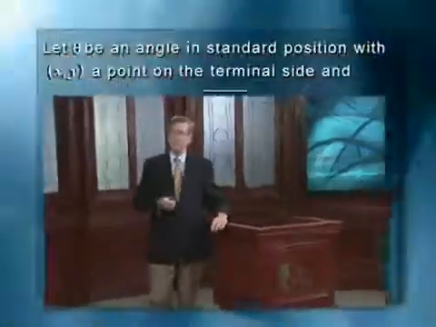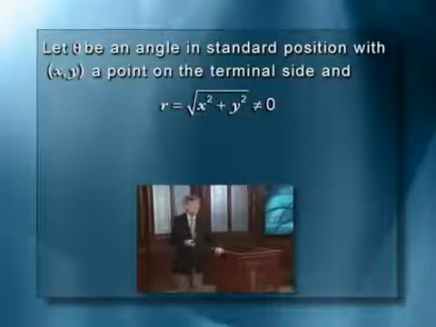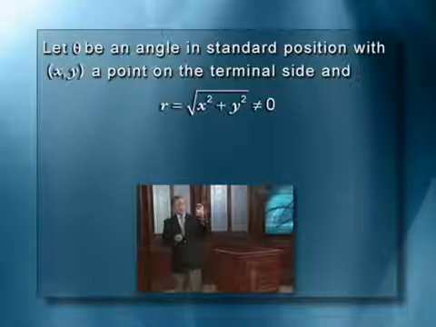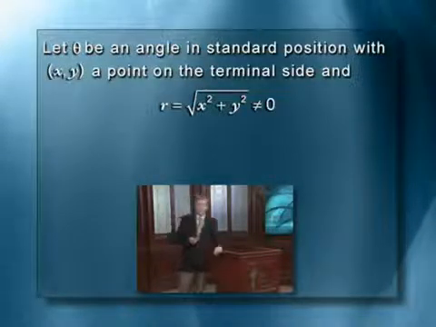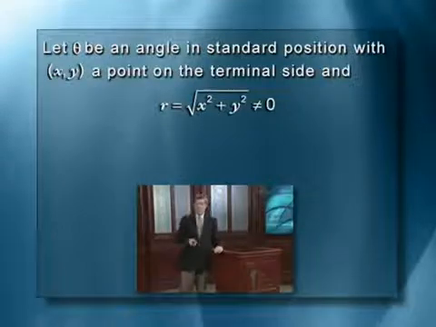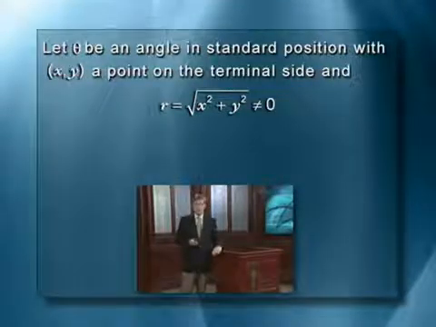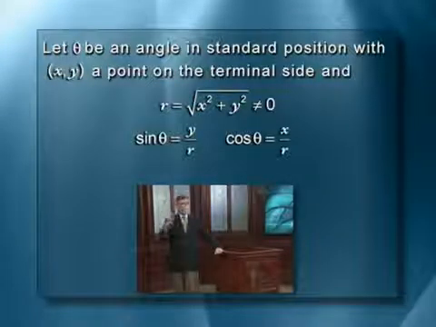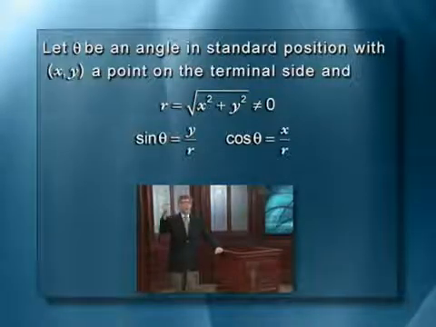Here's how it goes. You let theta be an angle in standard position, and let x, y be the coordinates of the terminal side of that angle. And of course, r is the distance from that point back to the origin, and we assume it's non-zero. And then sine was defined to be y over r, and cosine was x over r.